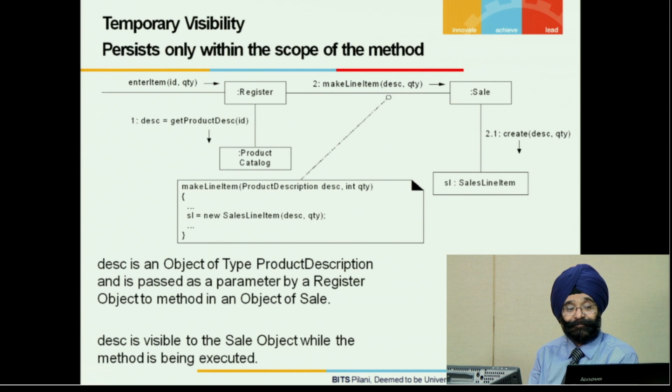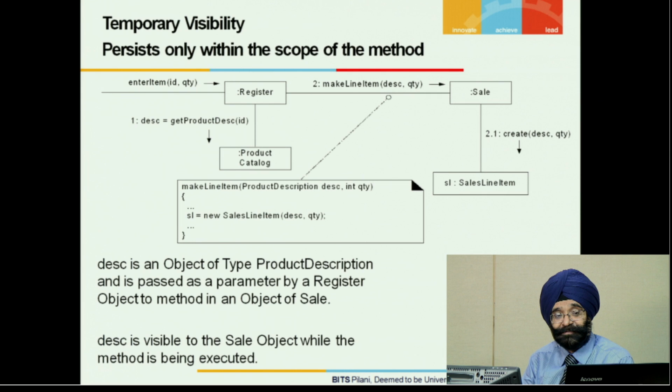Now this description is an object in register which has been passed on to another object called sale. And when it has been passed to sale, it has been passed by invoking a method in sale called makeLineItem.